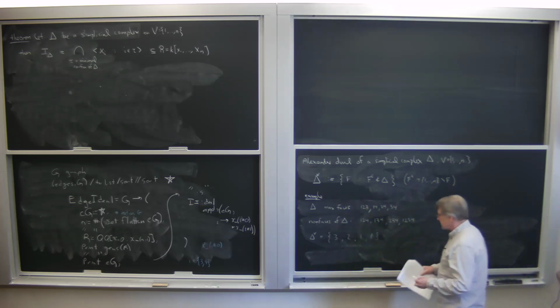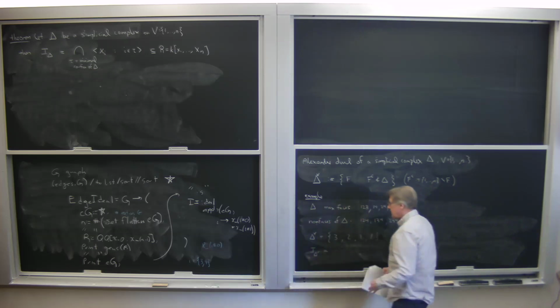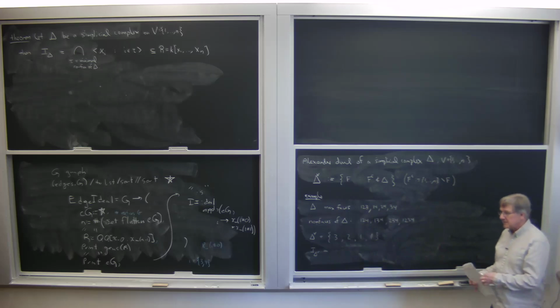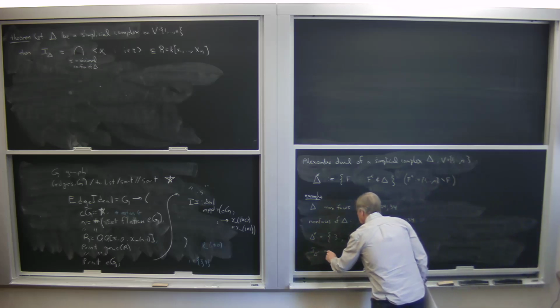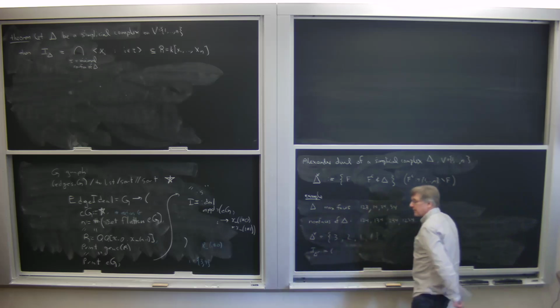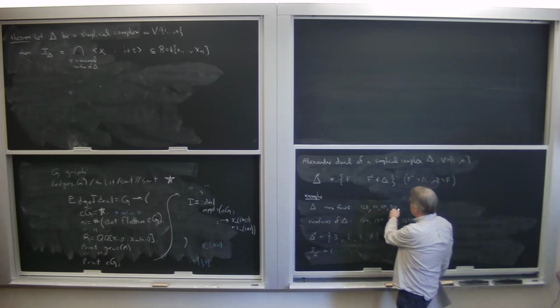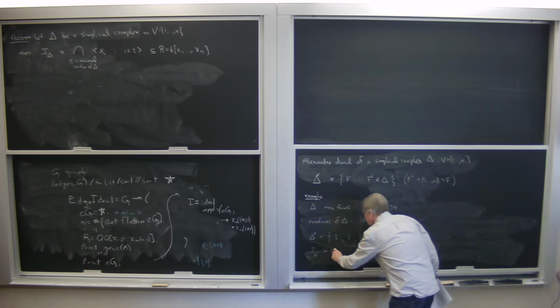So what's the ideal of this thing? We want the minimal non-faces. So what are the minimal non-faces here? It's actually going to be the ideal generated by the minimal non-faces. Remember, we're in 4 vertices, 1 through 4. So x4, 4 is not a vertex, so that's a non-face.